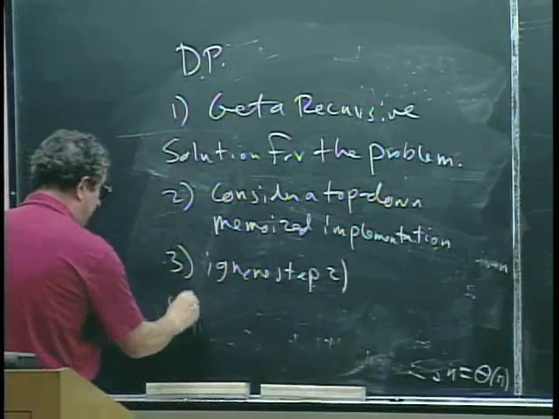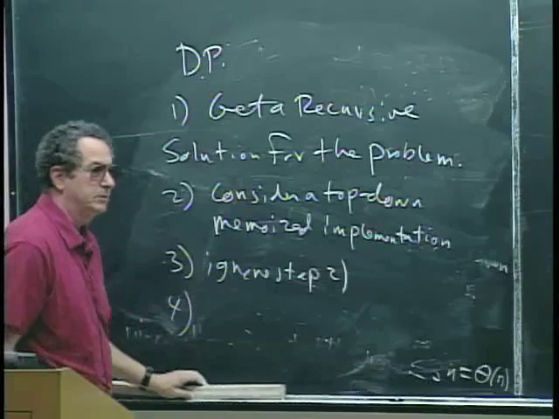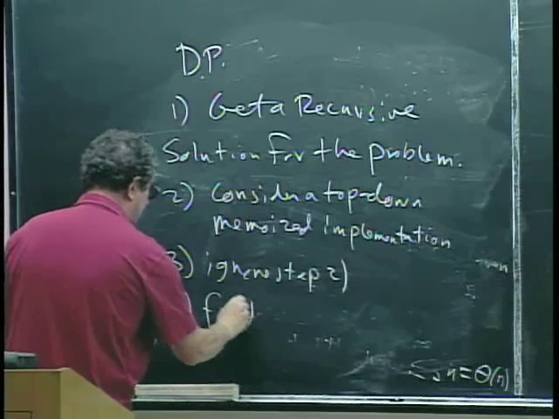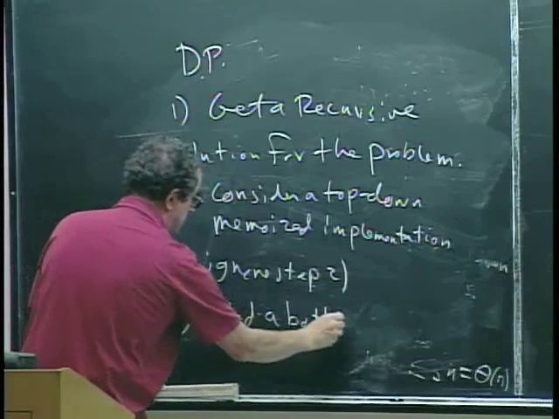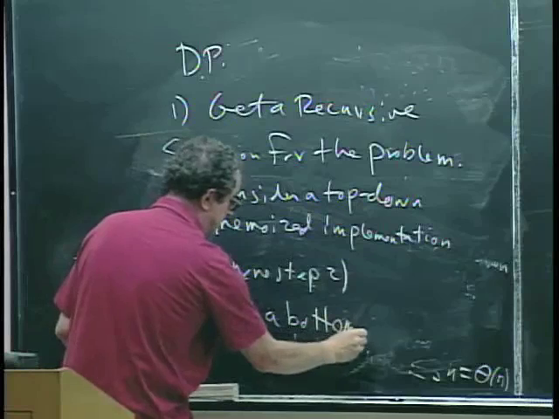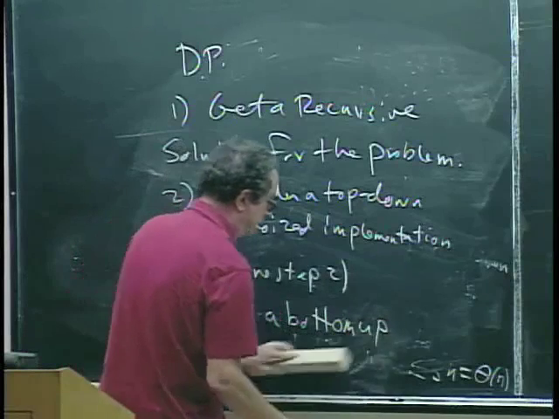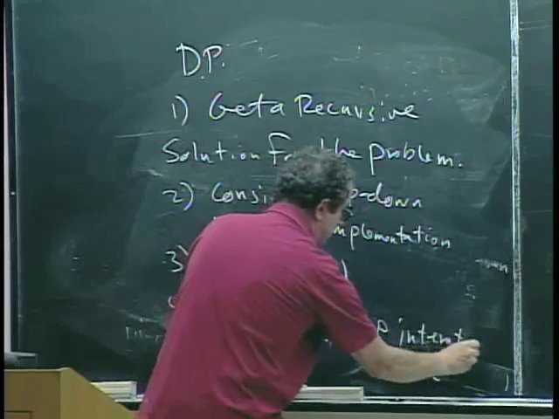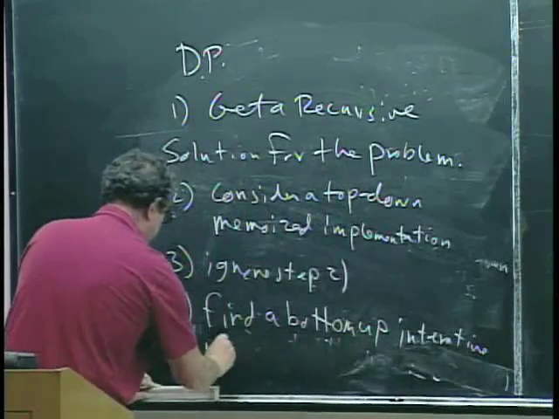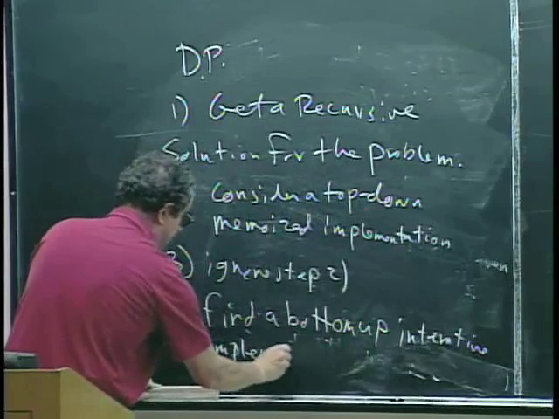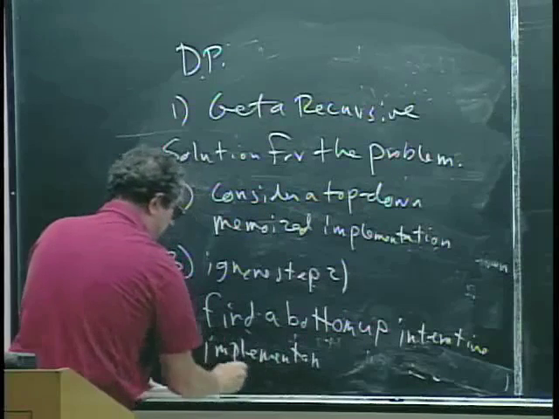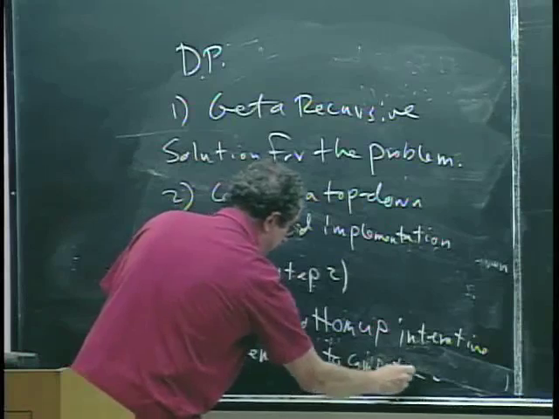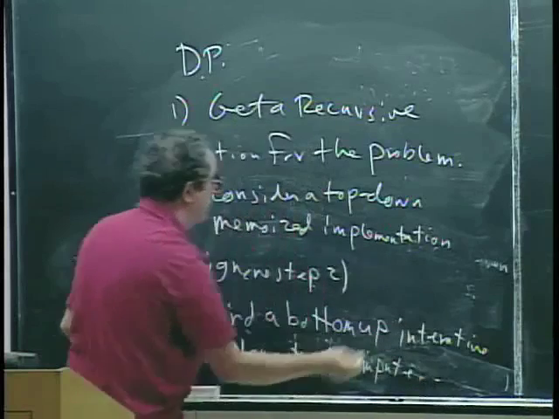And then step 4 is you find a bottom-up iterative implementation to compute the value, to compute the numbers, the values.